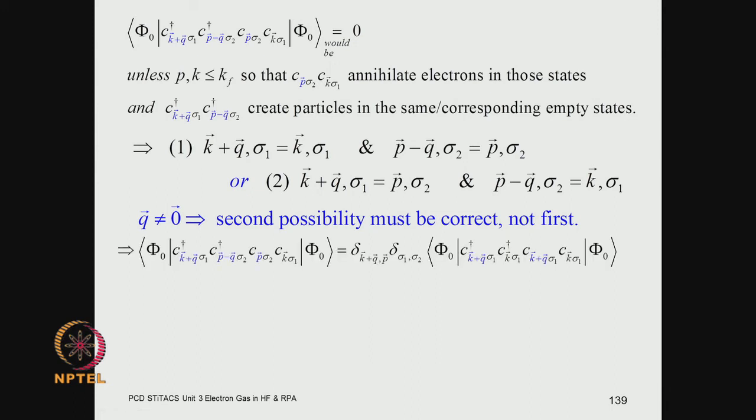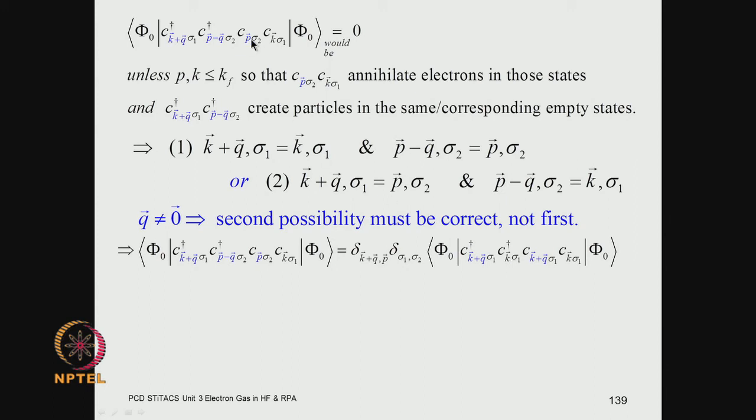Right. So, now the second possibility being correct, you have k+q, σ1, and the second operator is c†_{p-q,σ2}, and p-q, σ2 is the same as k, σ1. So, this operator c†_{p-q} is replaced by c†_{k,σ1}.